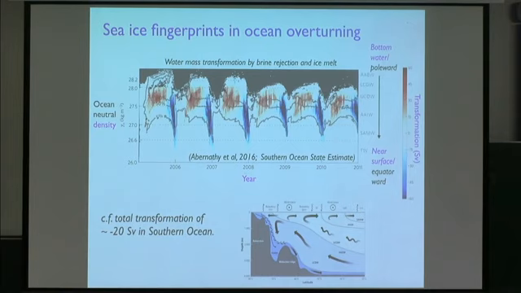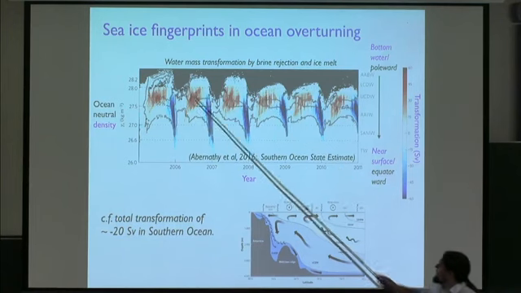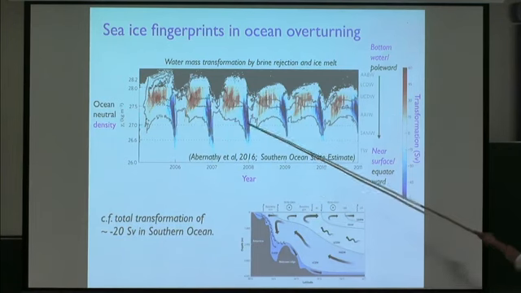What we're looking at is the contribution of brine rejection and ice melt, shown on a scale where brine rejection gives positive water mass transformation and ice melt gives you negative transformation. We're looking at what magnitude these fluxes have in driving the water mass transformation that has to happen to change this upwelling water to a different density. And what you see is you get pulses of order 15 to 20 or more sverdrups.